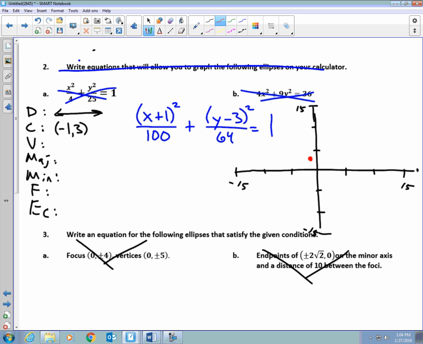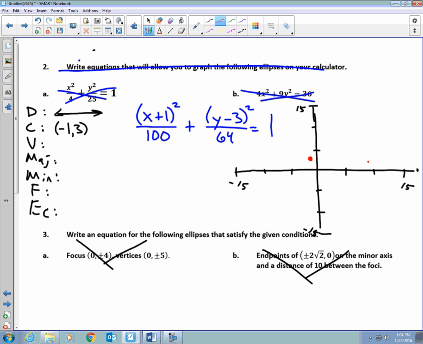How many units do I move to the left and right? 10. Because the A value is 10. So if I move 10 units to the right, where will that bring me? From negative 1, if I move 10 units to the right, it will bring me to 9.